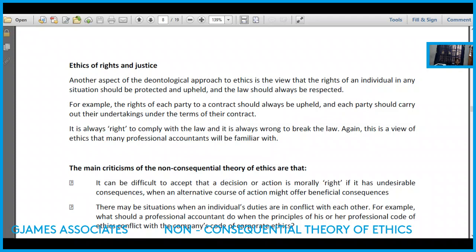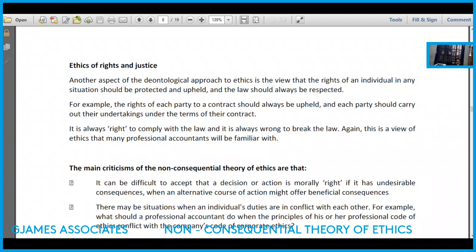He or she, the judge, is conscious of the restriction, or even to the point of death, that somebody is going to die, maybe by hanging or the like. But the judge must still do justice by judging right based on the constitution of the country. So that is non-consequential theory of ethics for you.